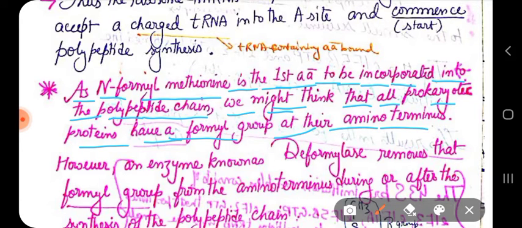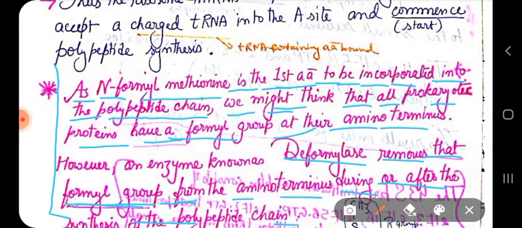But this does not happen. This formyl group will be removed later on by another enzyme called deformylase. Deformylase removes the formyl group from the amino terminus of the polypeptide chain during translation or after the synthesis of the polypeptide chain.